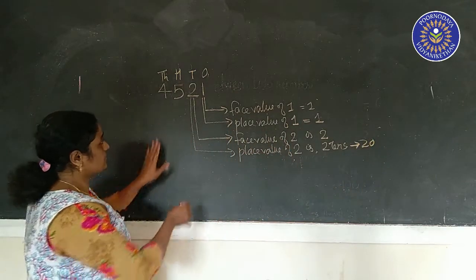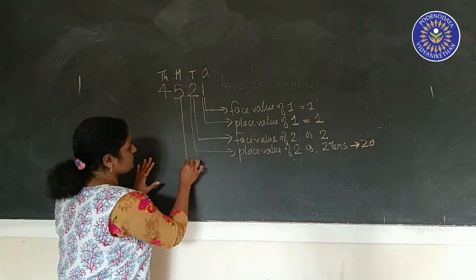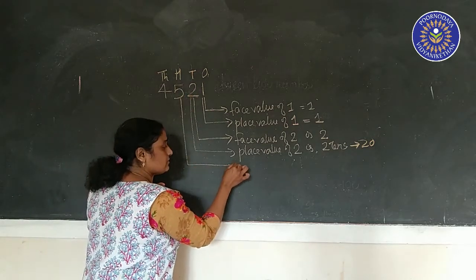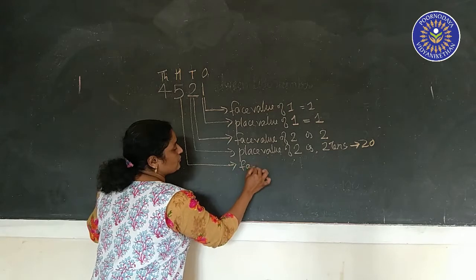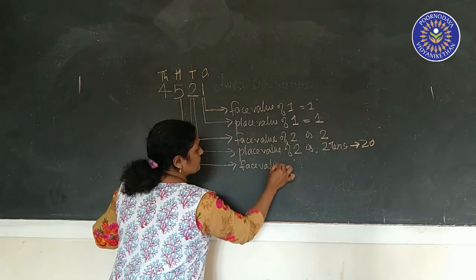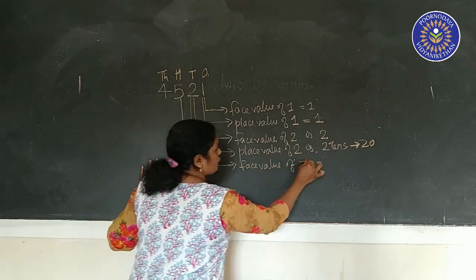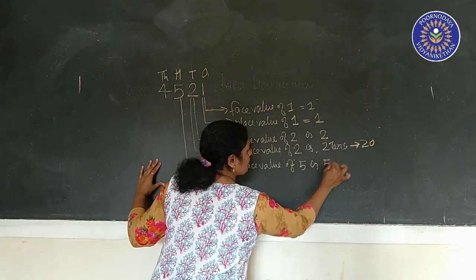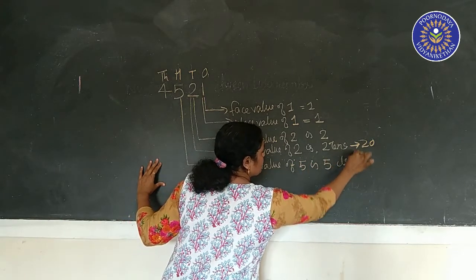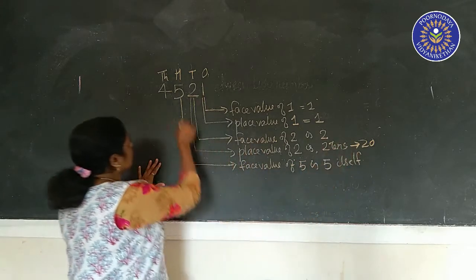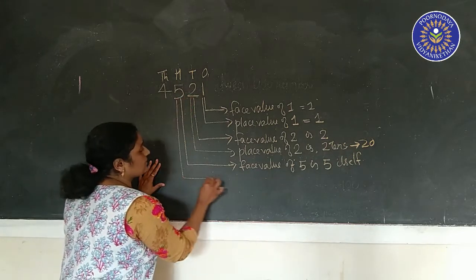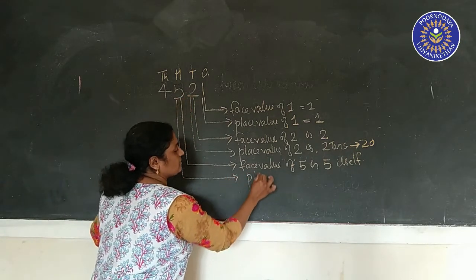Then the next number, 5. What's the face value of 5? Face value of 5 is 5 itself. Then what is the place value?